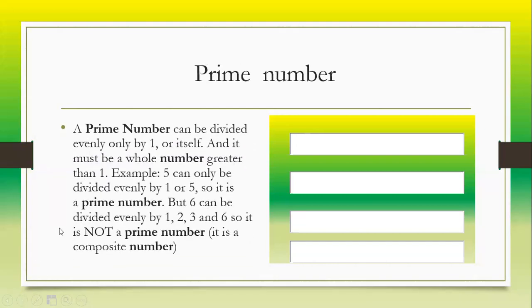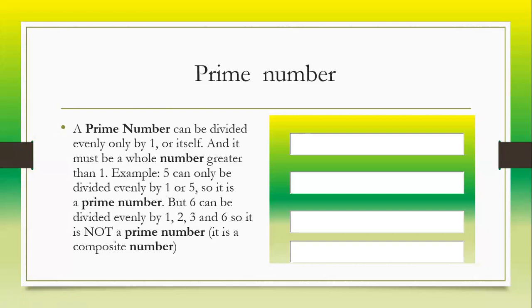Mary, read that for me, please. A prime number can be divided evenly by 1 or itself, and it must be a whole number greater than 1. Example, 5 can only be divided evenly by 1 or 5, so it is a prime number, but 6 can be divided evenly by 1, 2, 3, and 6, so it's not a prime number, it's a composite number.